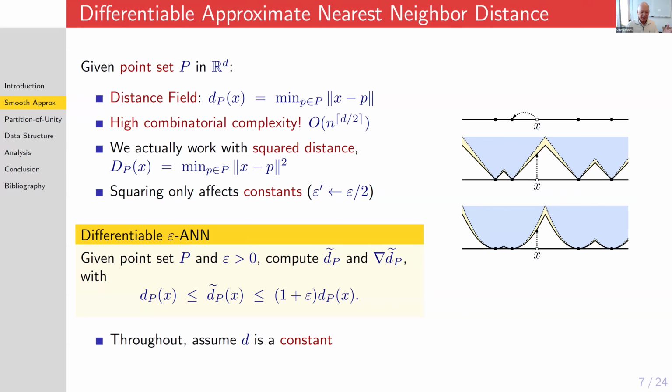Throughout, I'm going to assume that the dimension d is a constant. This is usually where the machine learning members, or the people who started listening to the talk because they were interested in machine learning, kind of turn it off. But this seems to be a restriction of the techniques that I'm working with here.